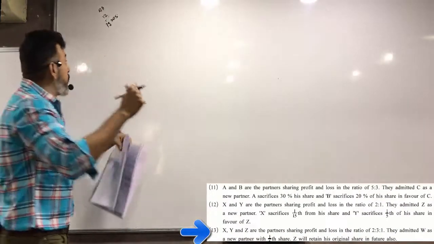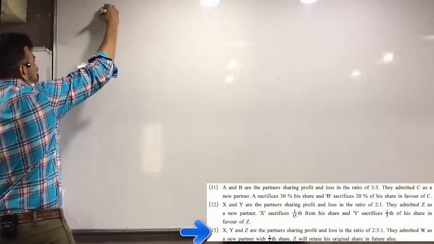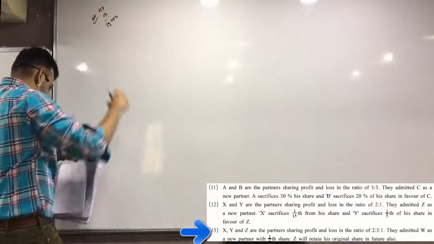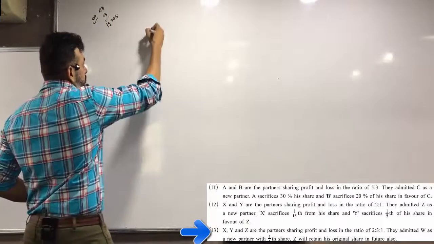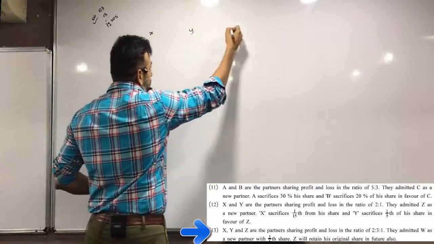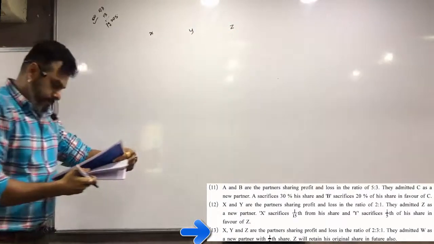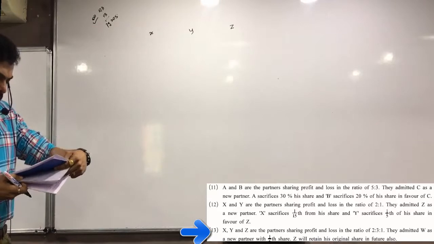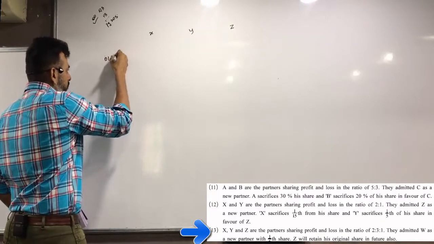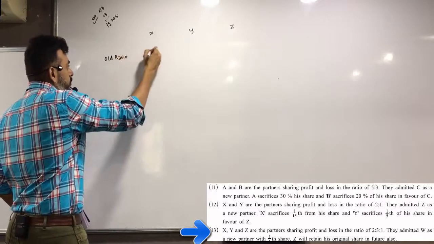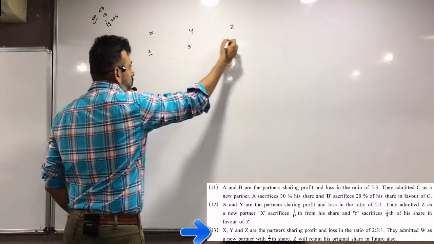Okay, now question number 13, very important new concept. X, Y and Z are partners sharing profit and loss in the old ratio 2:3:1.